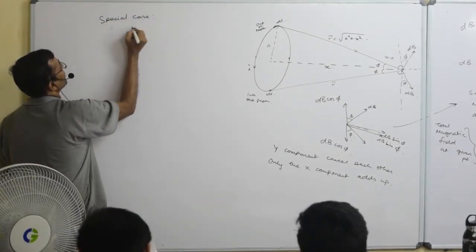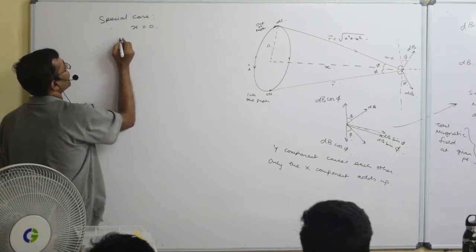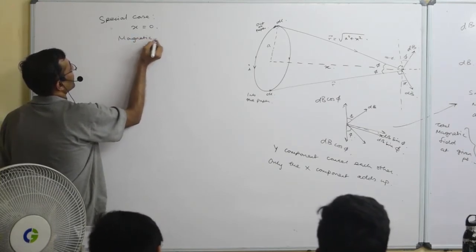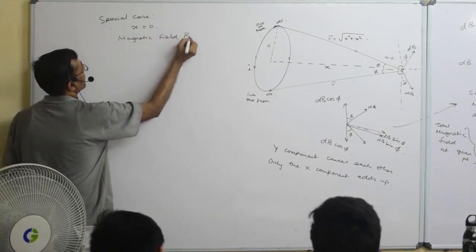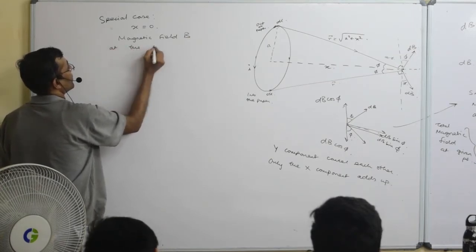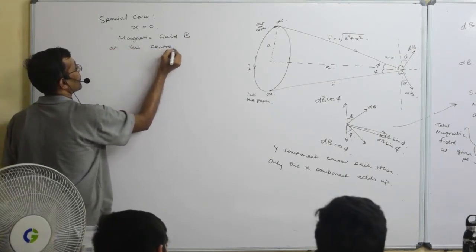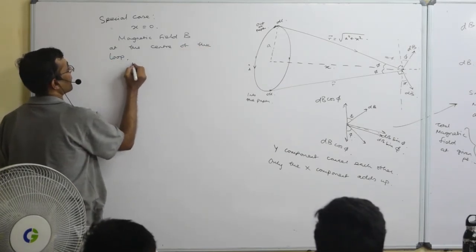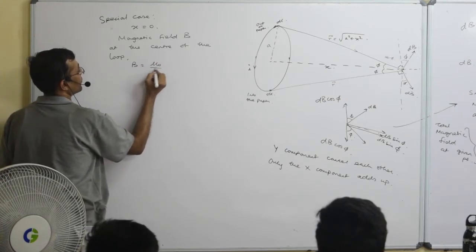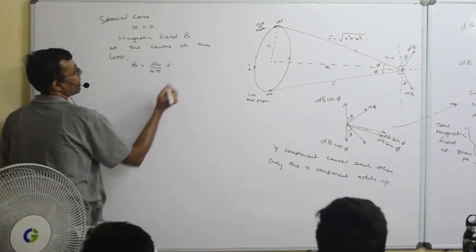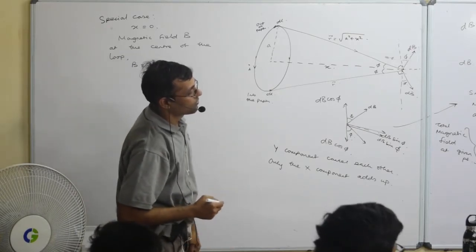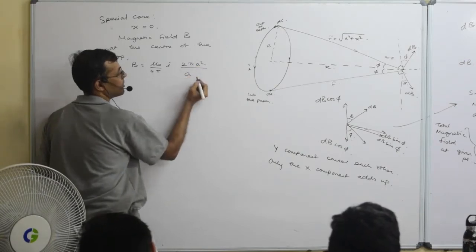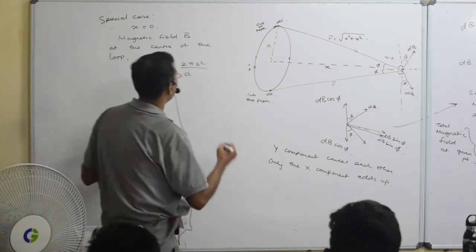So the special case would be x is equal to 0. The magnetic field B at the center of the loop is equal to mu naught by 4 pi I. So x is 0 means you will get 2 pi a squared divided by a squared power 3 by 2.